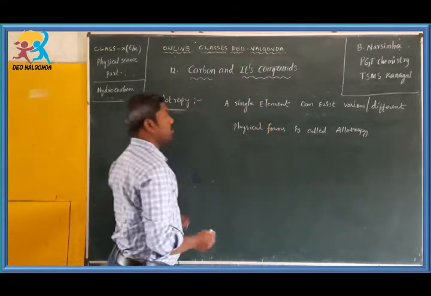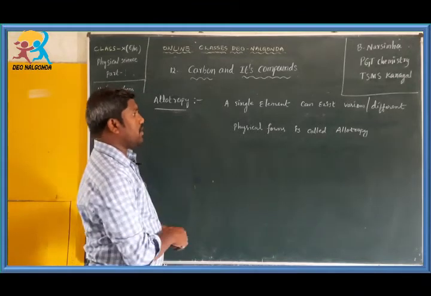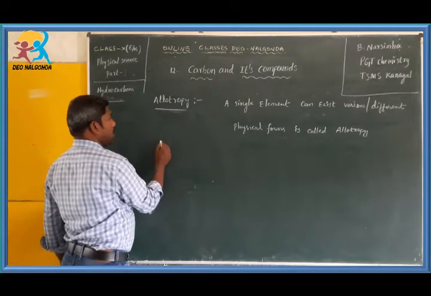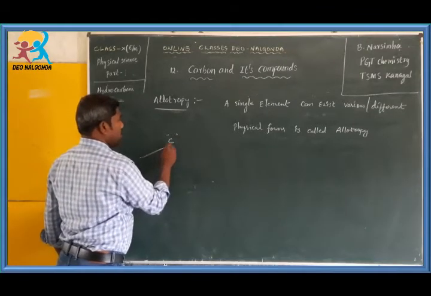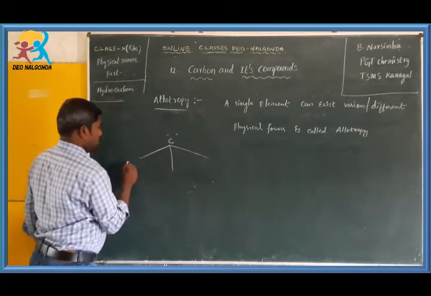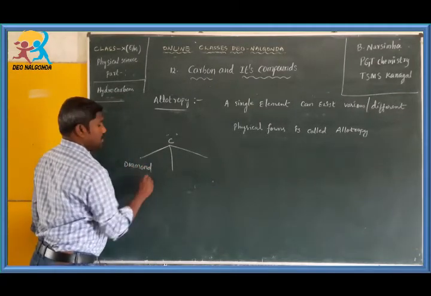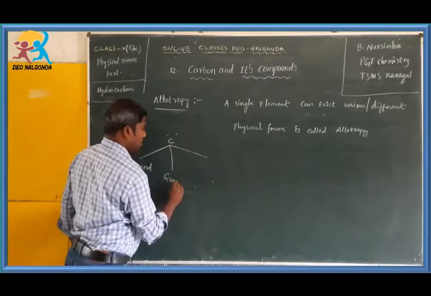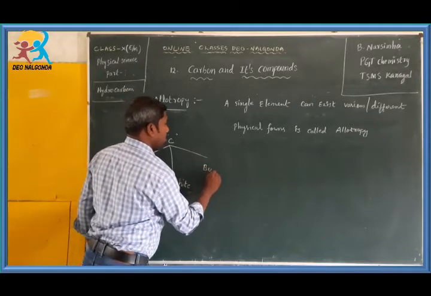Allotropy of carbon. Carbon can exist in three forms. First one is diamond, graphite, Buckminster fullerene.